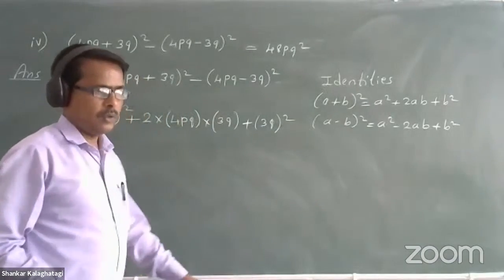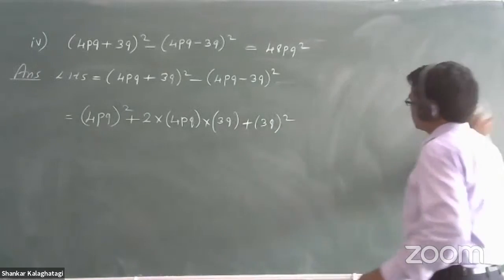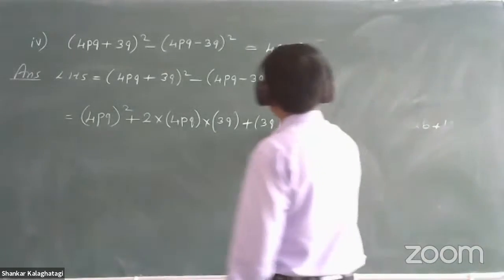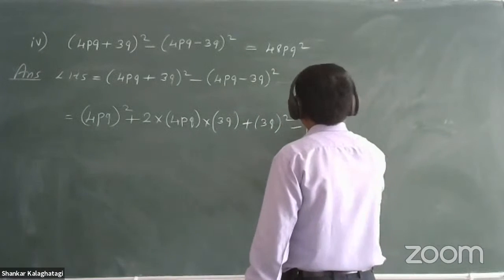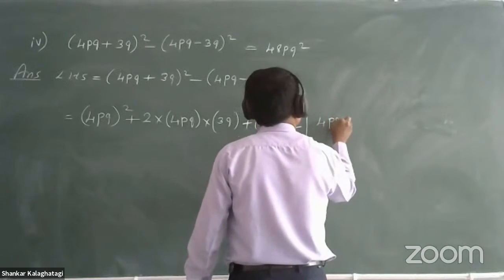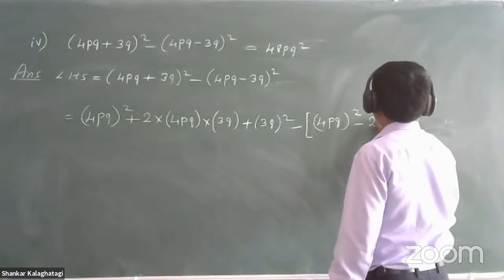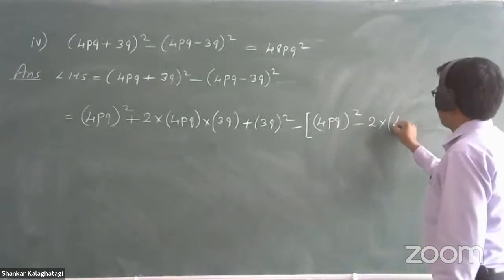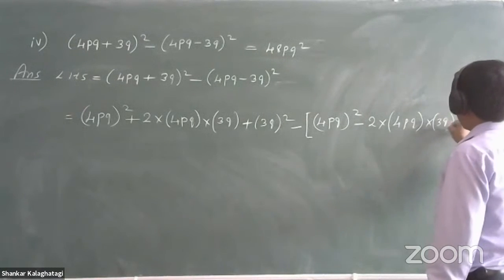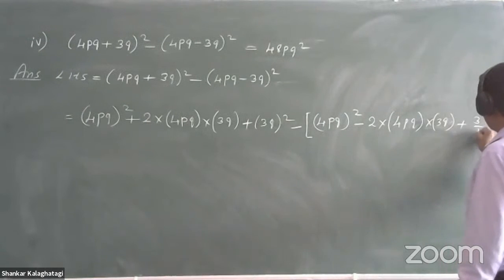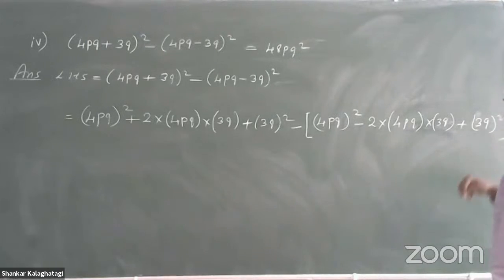Second expression: minus, bracket, (4pq) whole square minus 2 into 4pq into 3q plus (3q) whole square. Correct? Bracket complete.